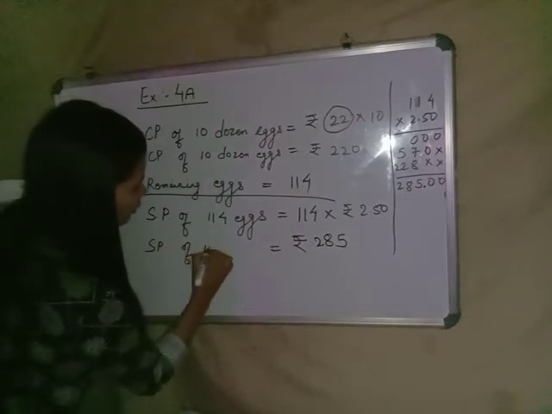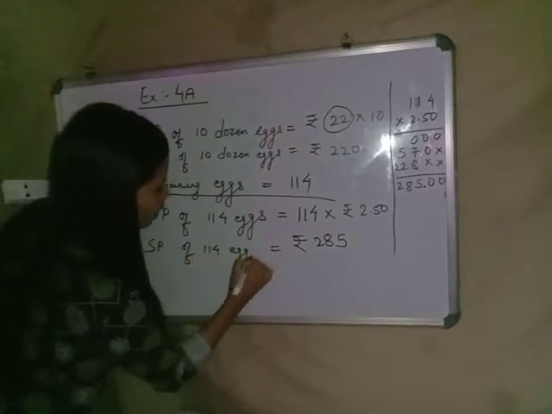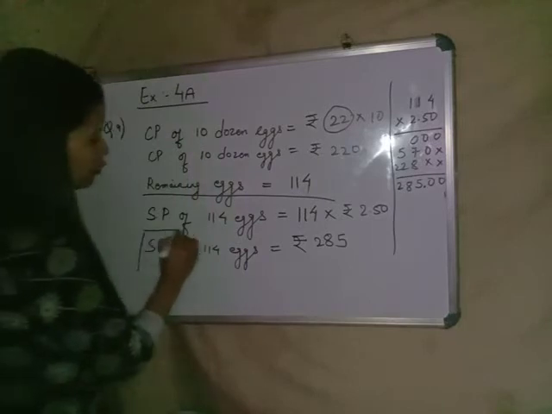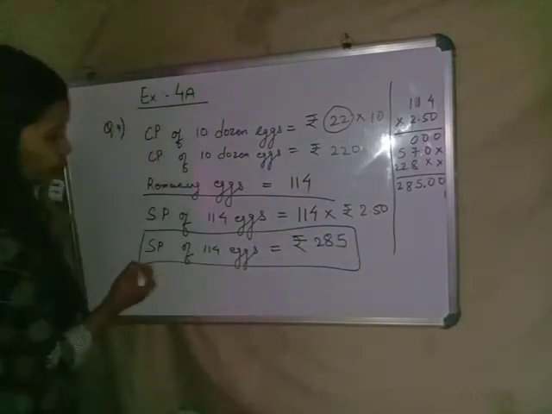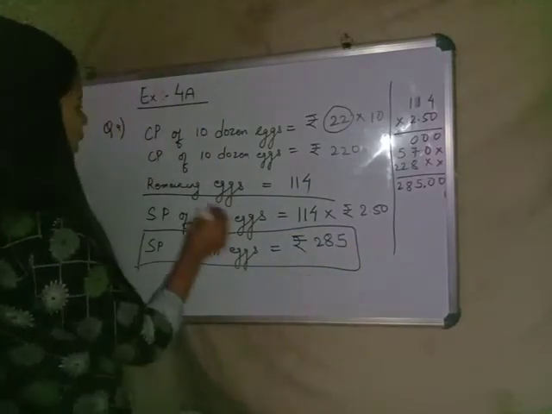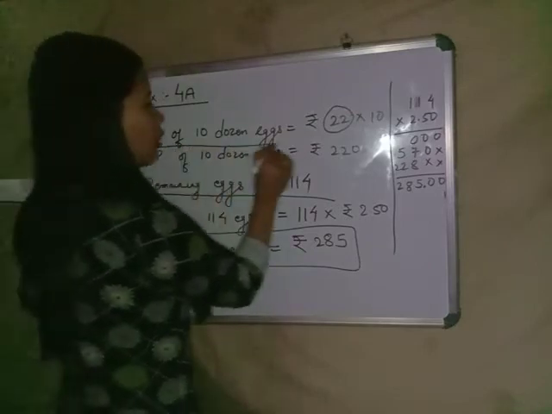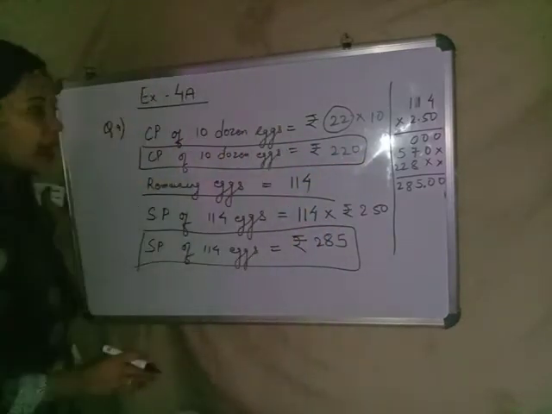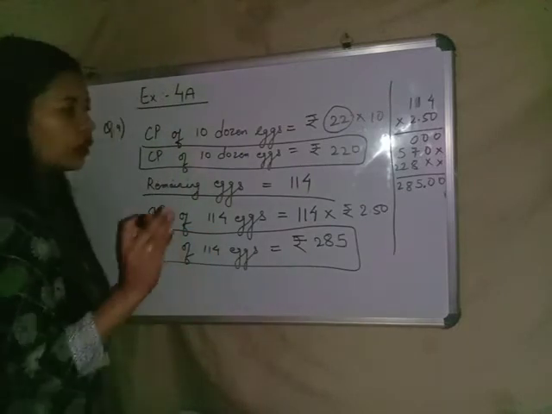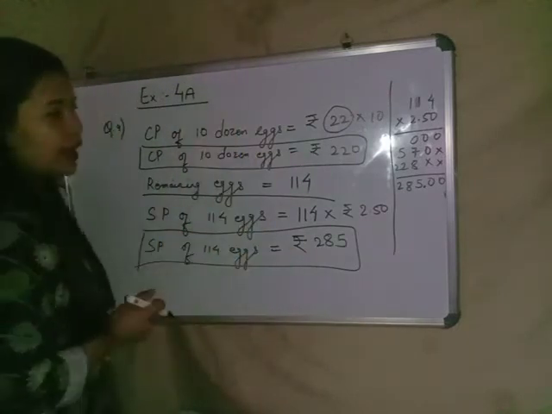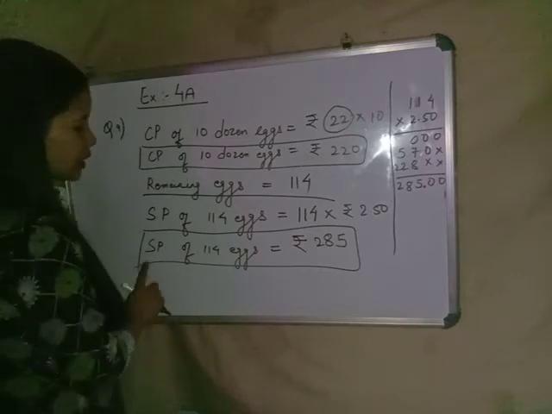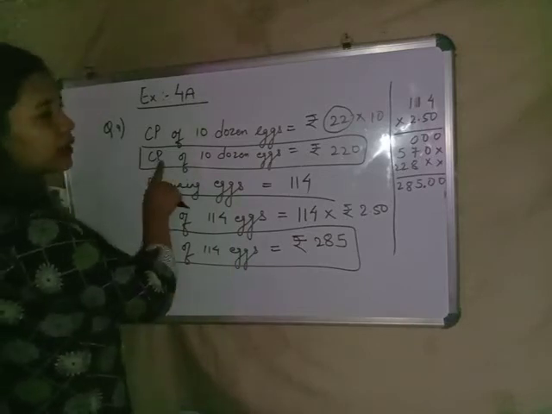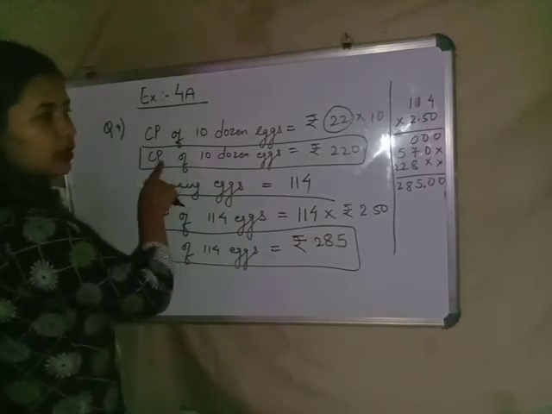Okay. Now we have two facts here. We have the selling price of the eggs and we have the cost price of the eggs. So we compare these two to check whether there is a profit or loss in the whole transaction. Okay. So you see here, selling price is higher than cost price. Yes.